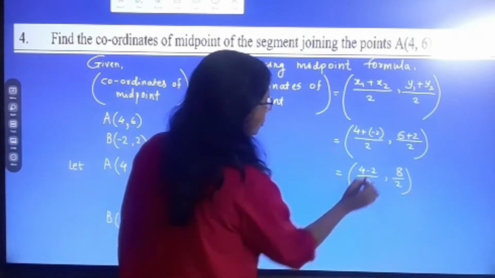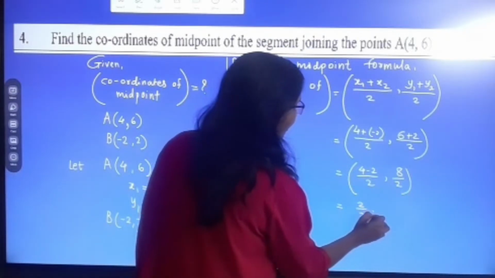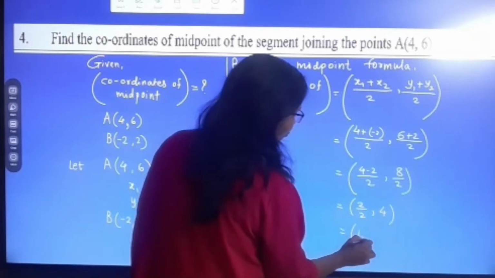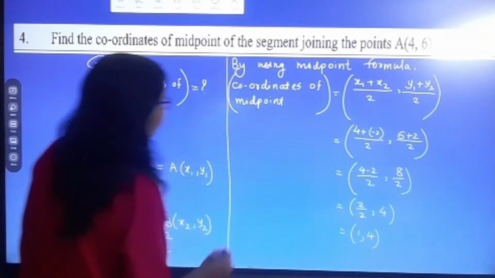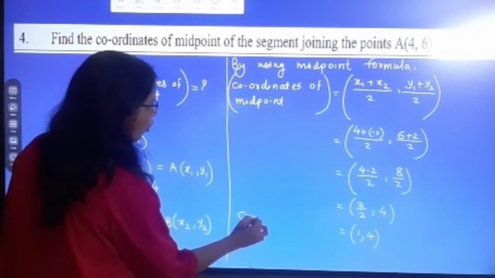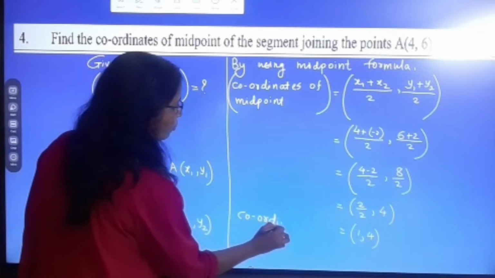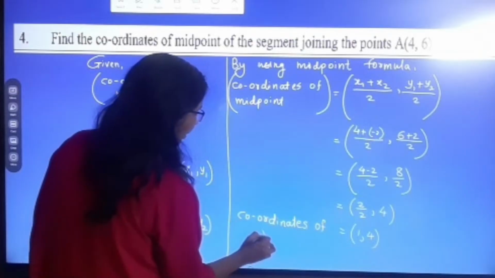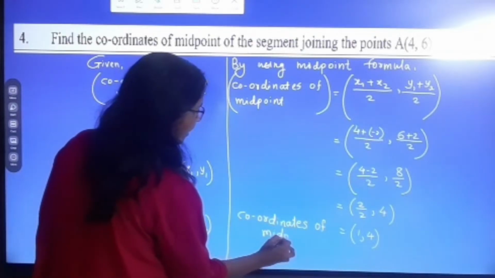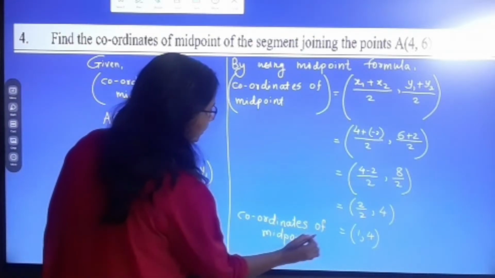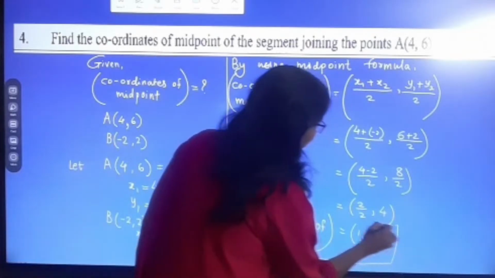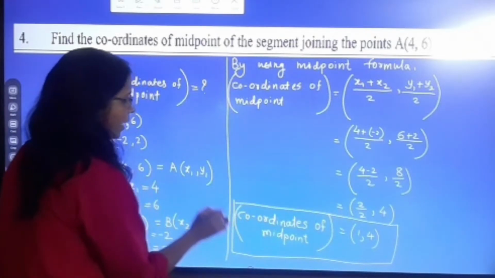So here 2 upon 2, that is 1, and 2 fours are 8, so the final is (1, 4). So coordinates of midpoint is equal to (1, 4). So this is our final answer.